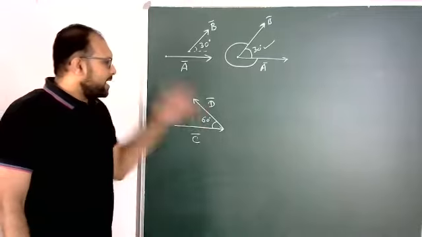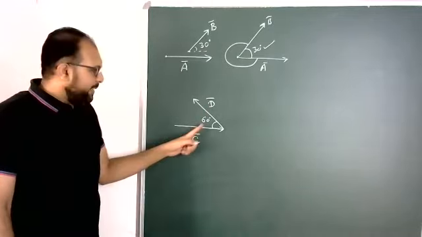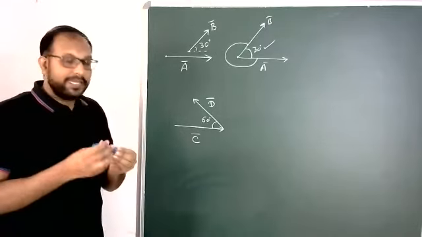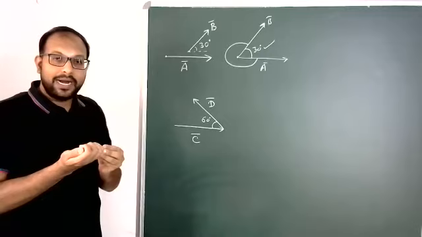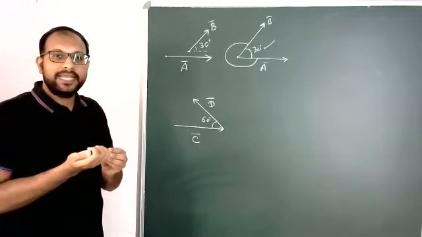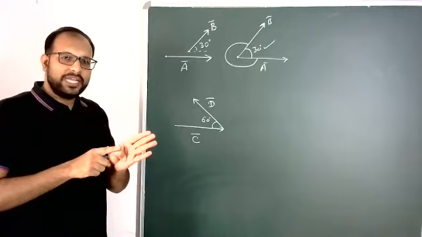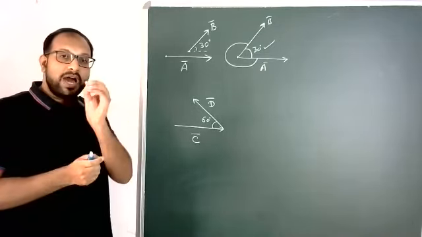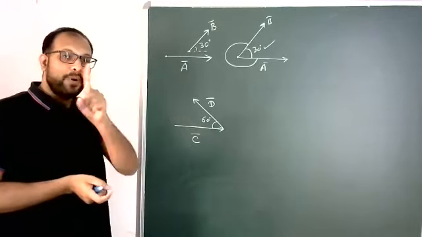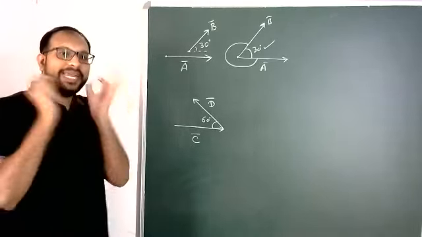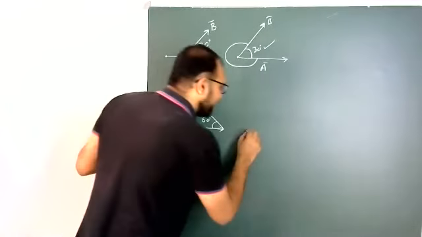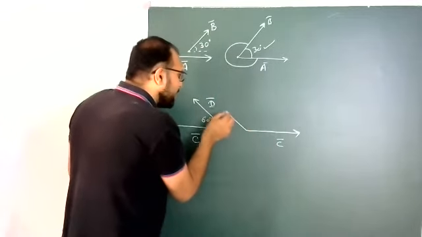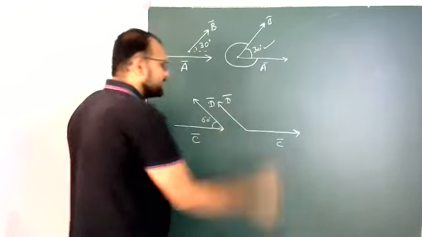What is the angle between C bar and D bar? The answer is not 60. What is the first condition? We need to draw these two vectors such that they start from the same point, meaning tails should be in contact. That's why redrawing is required. This is C bar, and this D bar we can draw like this.